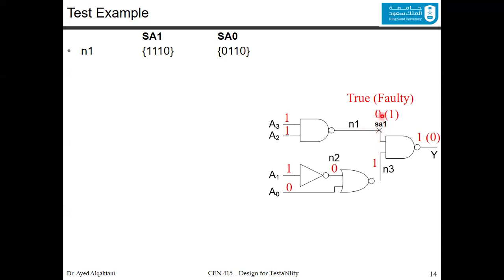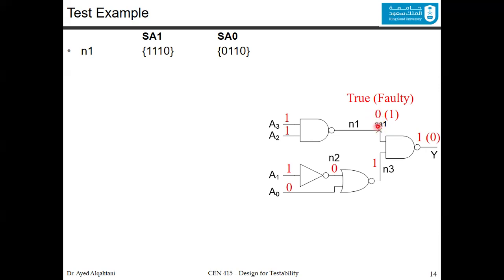So you start by writing in this format: the true value, and between parentheses, the faulty value. We said that we are testing stuck-at 1, so the faulty value will be 1, meaning that the true value will be 0. So the question is how to get 0, which is the true value here.